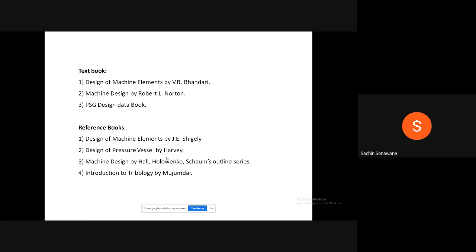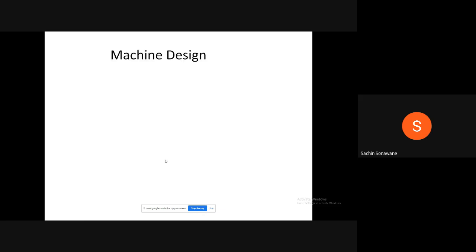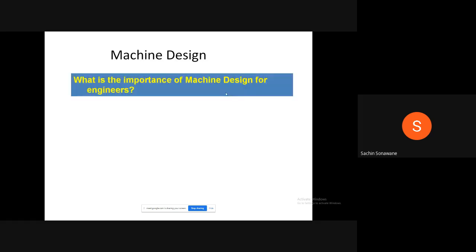Now, we will see what is meant by machine design, what is the importance of machine design in your curriculum. Therefore, machine design. What is the importance of machine design for engineers?